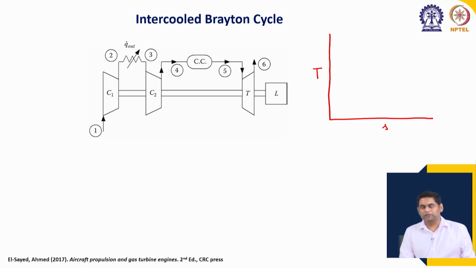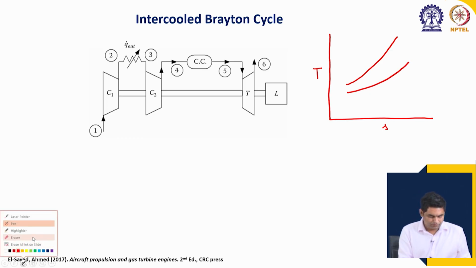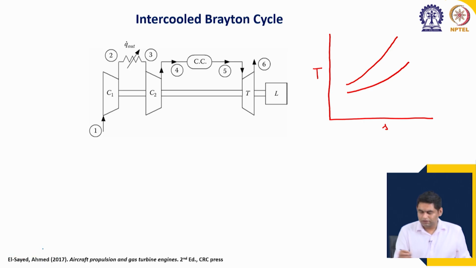So, for an ideal gas on a TS diagram, we know that constant pressure lines diverge towards the right hand side, which means that if I have a compression process starting from low temperature, the work input required for this process is going to be lower as compared to another compression process for the same pressure ratio, going from P 1 to P 2.